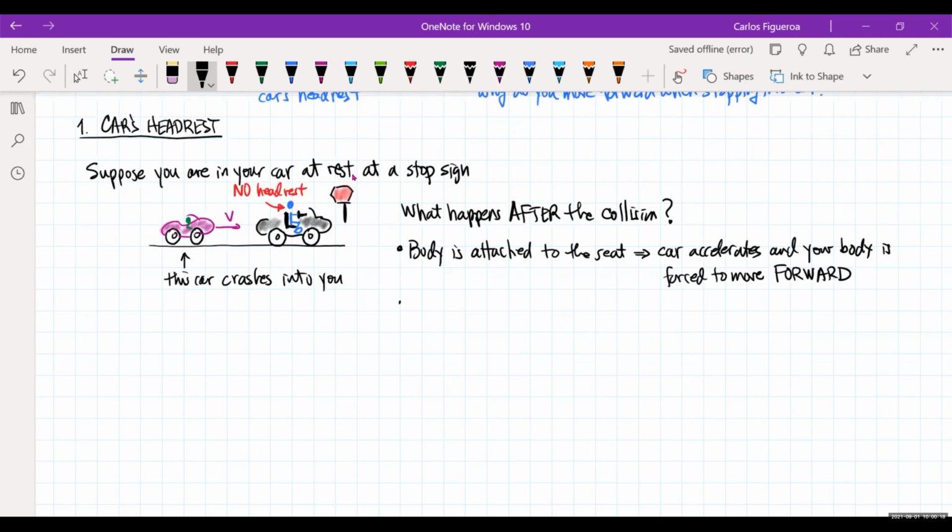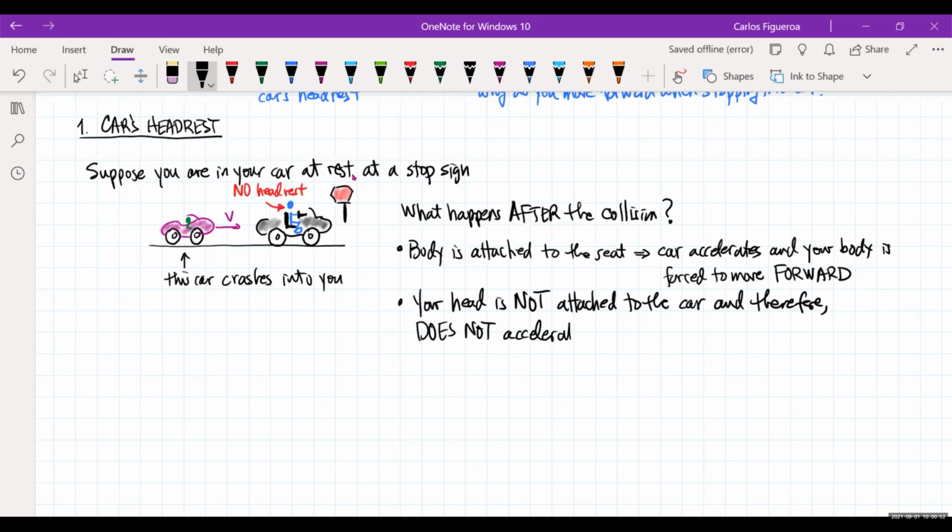But the important piece here for us is that note, your head is not attached to the car, and therefore does not accelerate with your body.